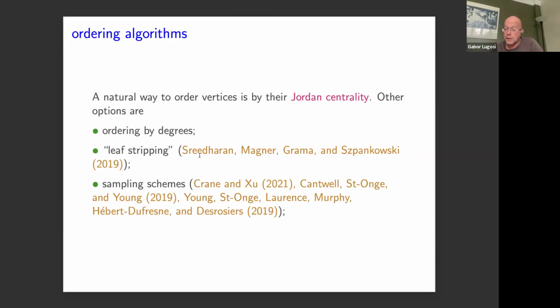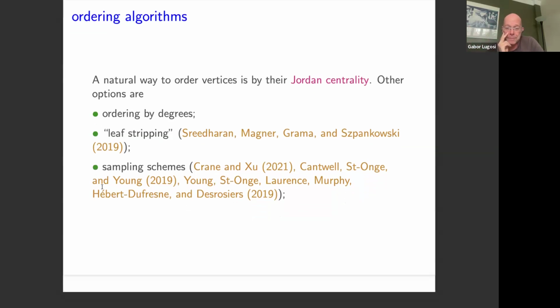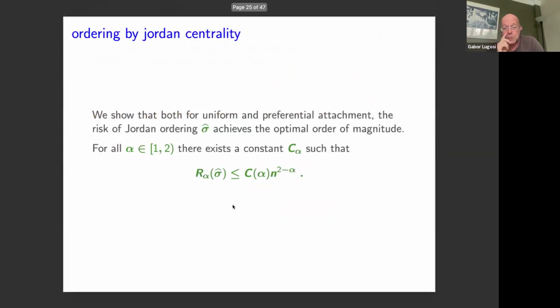There have been other approaches to this kind of problem in applied network science, and leaf stripping methods have been studied. Also, Bayesian sampling schemes have been tried, but I think this was the first time somebody rigorously analyzed it, and we could show that Jordan ordering is actually optimal up to a constant factor.